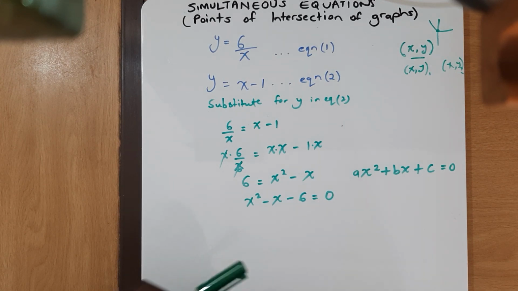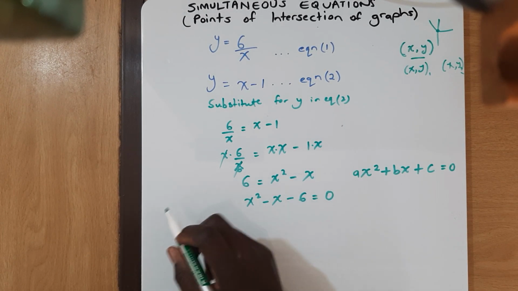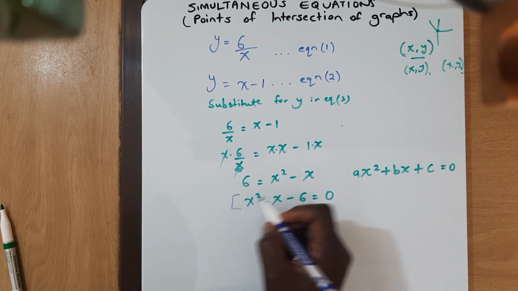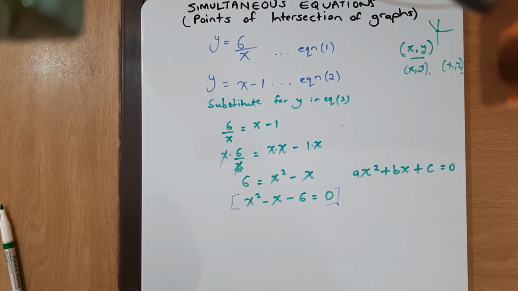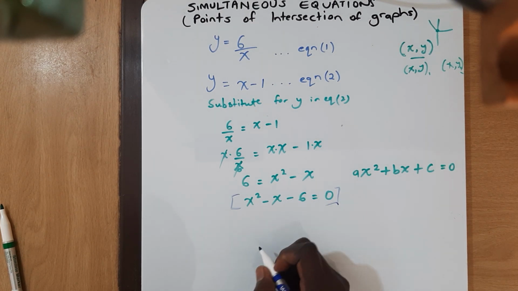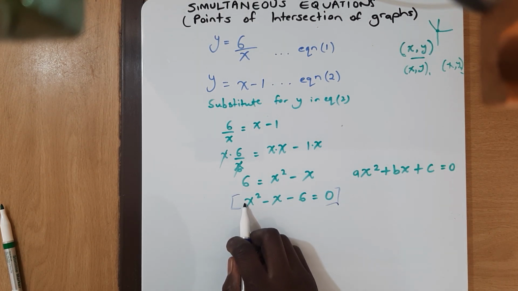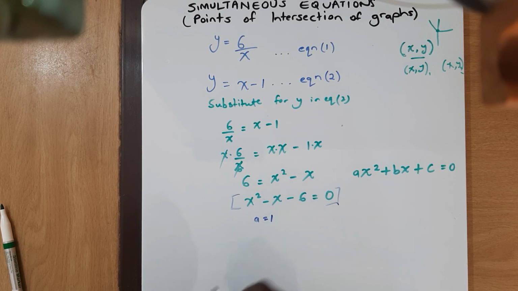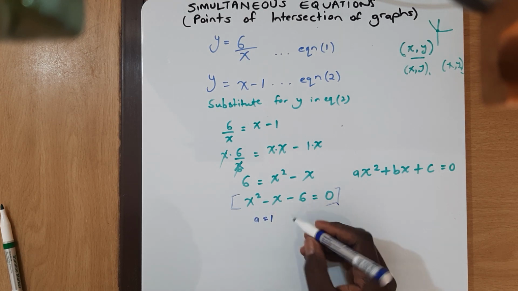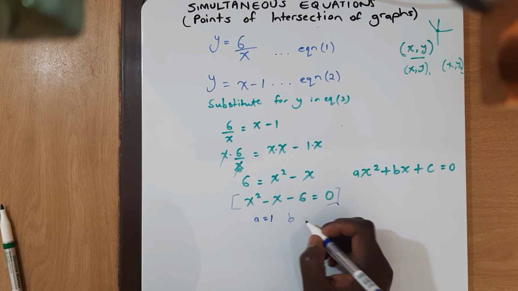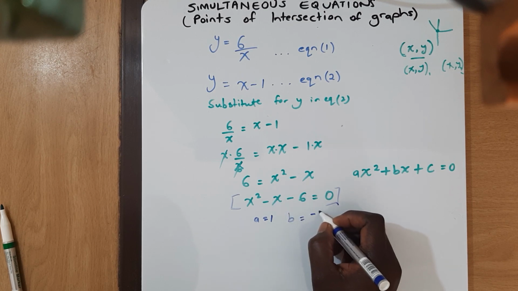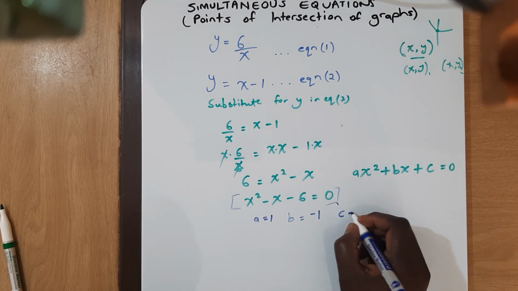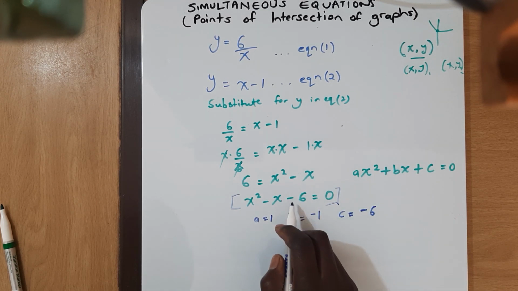Okay? So now we have a quadratic equation where our a is 1, our b is minus 1, and our c is minus 6 here.